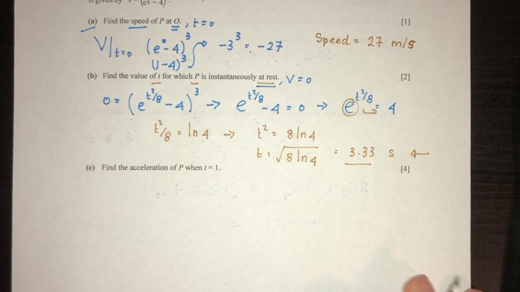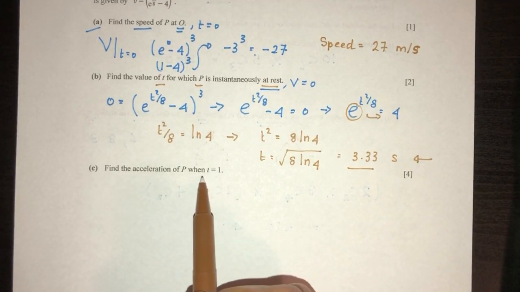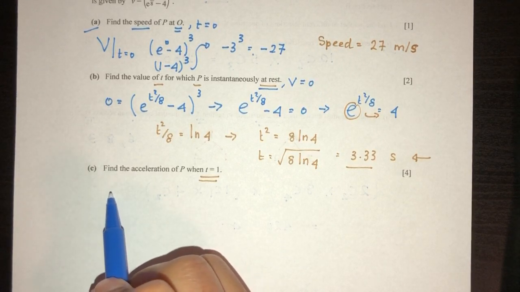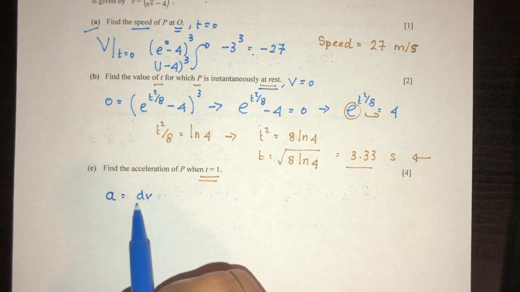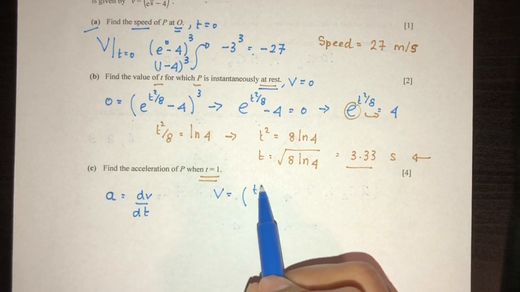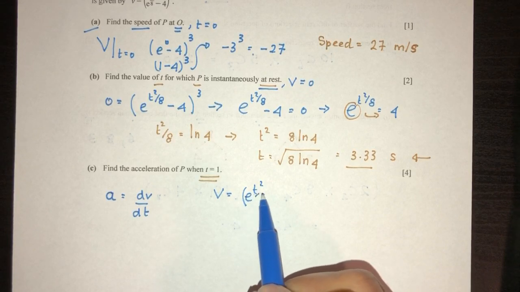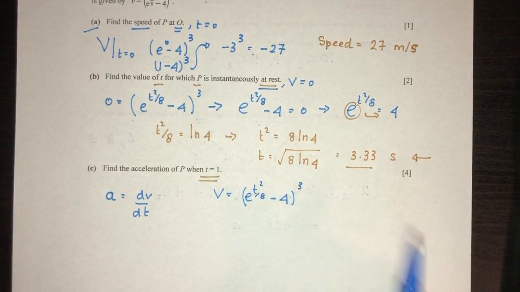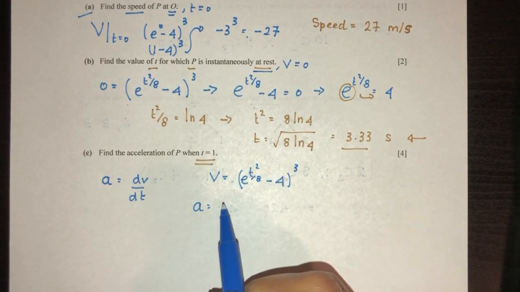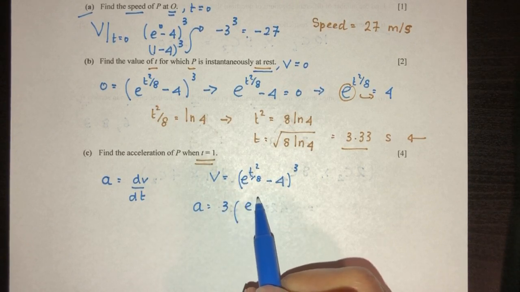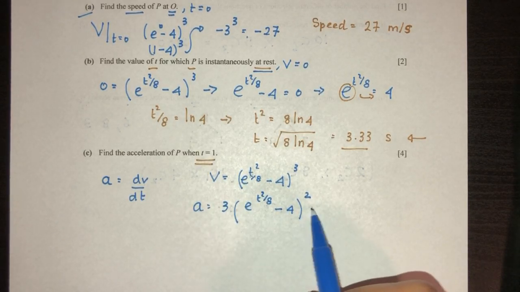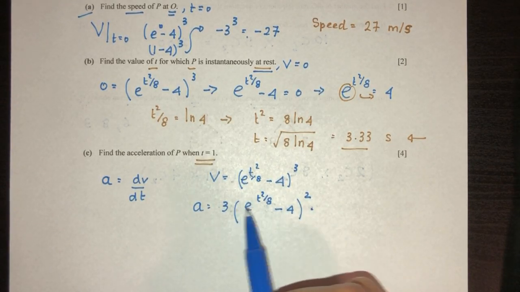Now for part C, we have to find the acceleration of p at time t equal to 1. So you first have to know how to find the acceleration. It is equal to dv by dt. So we know v is equal to this equation: exponential t squared over 8, minus 4, power 3. So a, which is dv by dt, will be, first we multiply by the power, that will be 3 times exponential t squared over 8 minus 4 power 2, and then multiply by the differentiation of the inside.